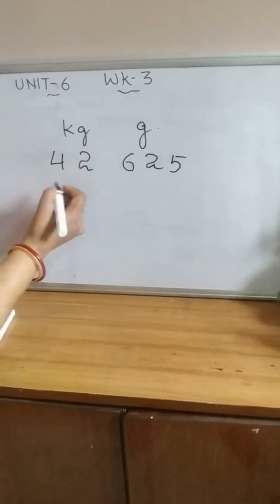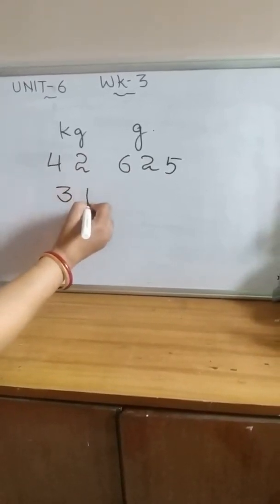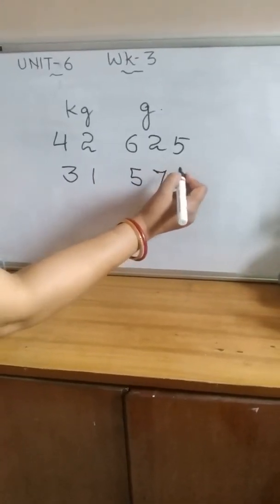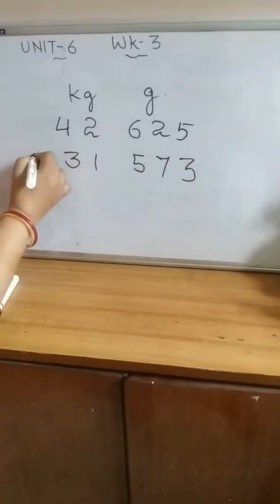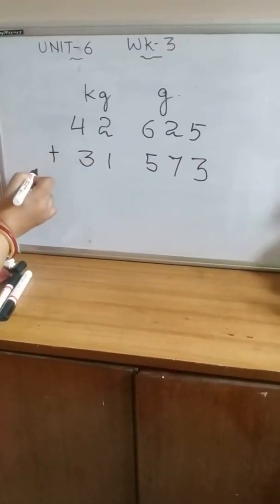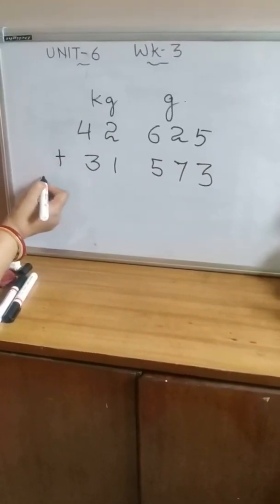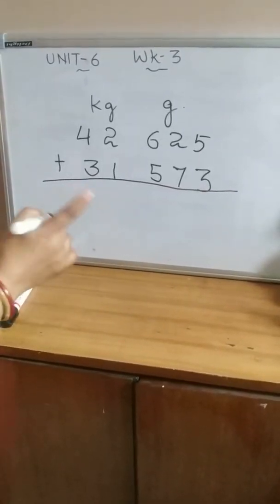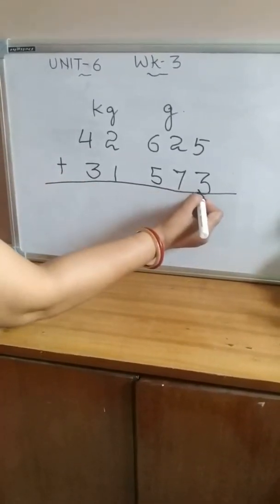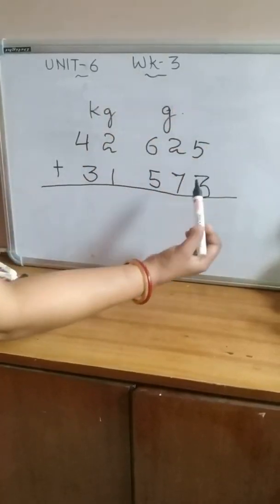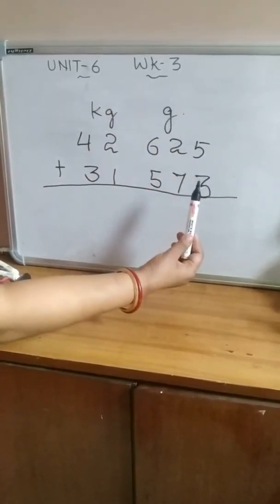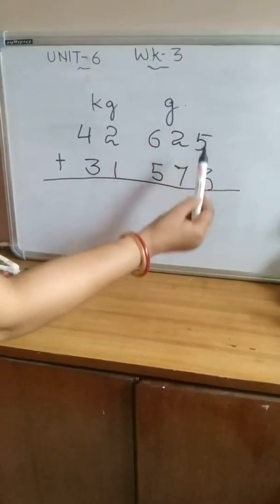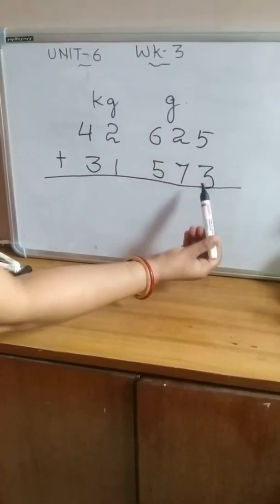It is added with 31 kilogram and 573 gram, right? We put the addition sign. Don't forget to put the addition sign when we are doing the addition operation. So here, according to the rule of addition, we have to add from the right hand side of the number, starting from the first place. Okay, we start from the right hand side.